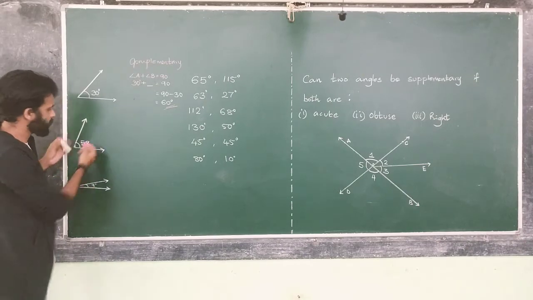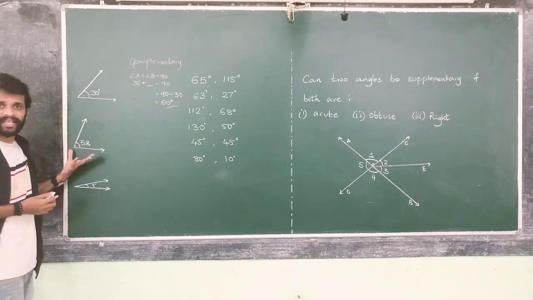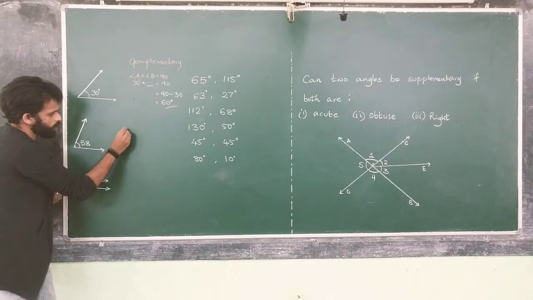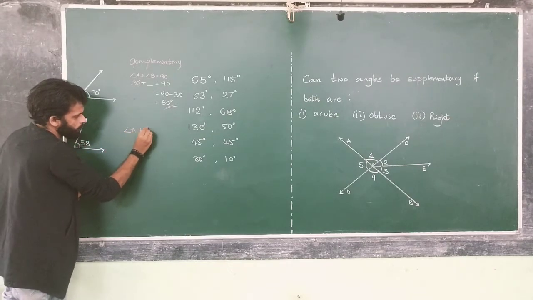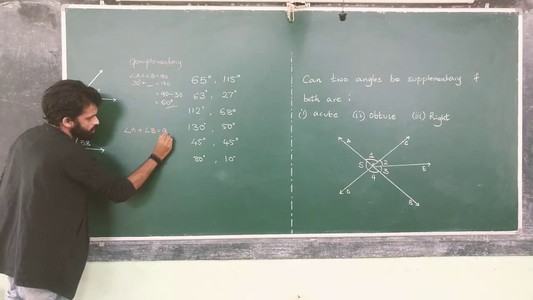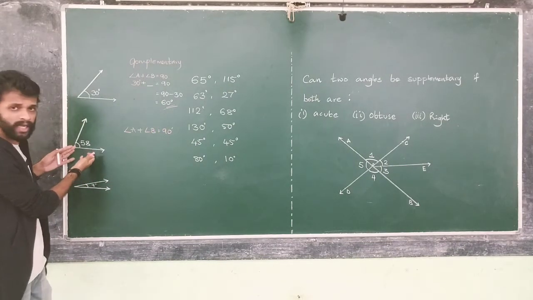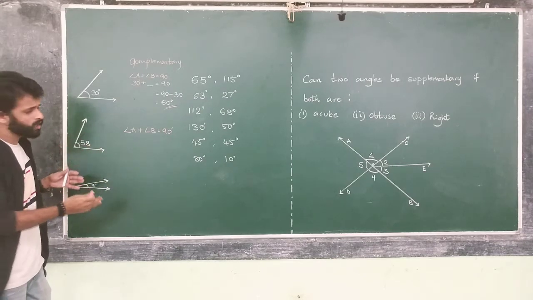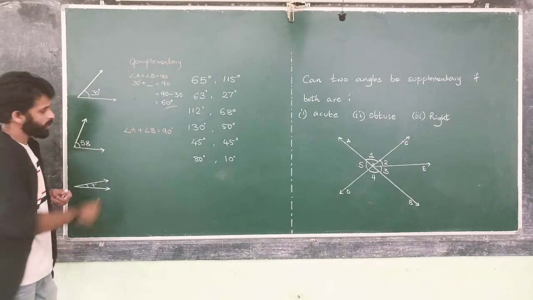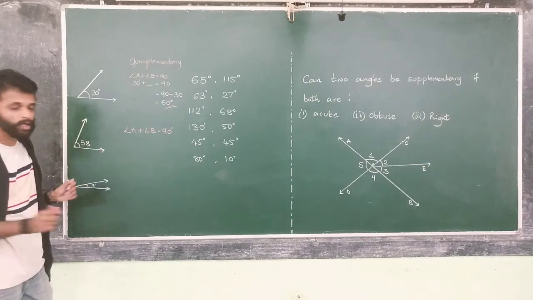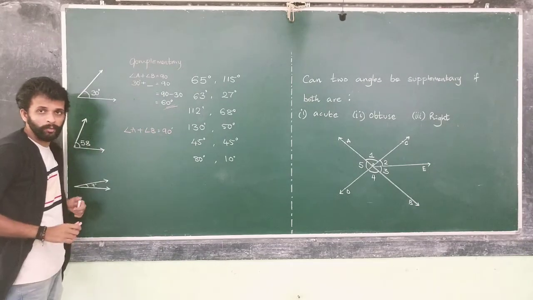Let us take an example over here, 58 degrees. I need to find out the complement. Same logic, angle A plus angle B is equal to 90 degrees. It is not compulsory that it has to be angle A or angle B; it can be J, it can be O, it can be E, it can be anything. So two angles summed up to be 90 degrees.